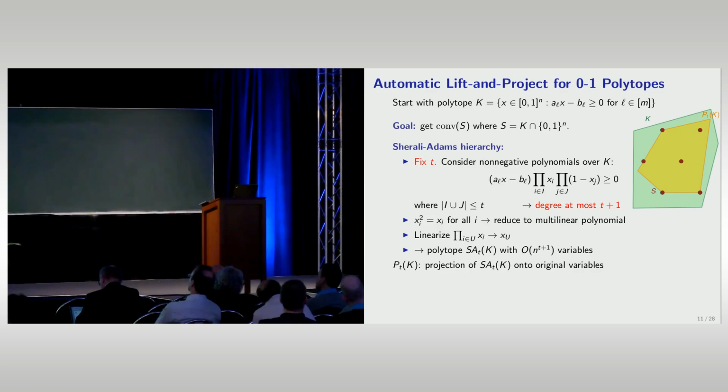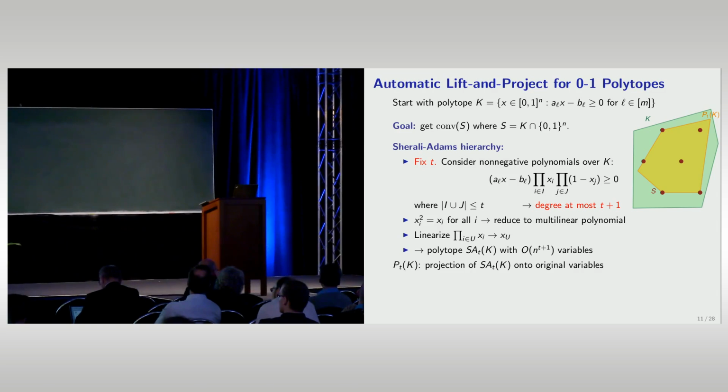So for that, you can take it modulo these very simple polynomials, xi squared is equal to xi, because xi is either 0 or 1. And so that reduces this polynomial inequality to a multilinear polynomial, and you can linearize it. How would you linearize it? You just take any monomial and you replace it.